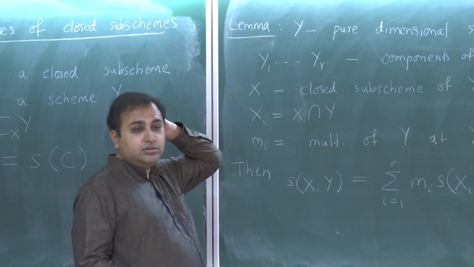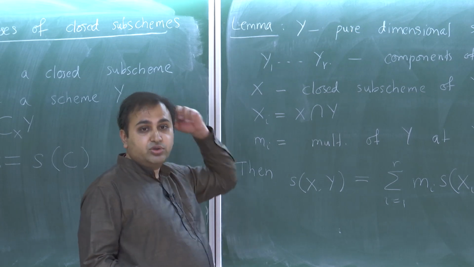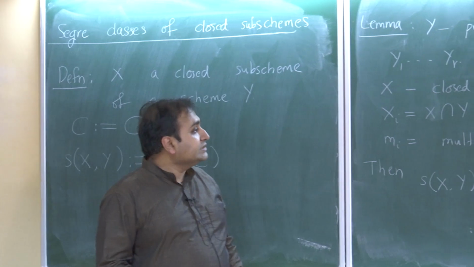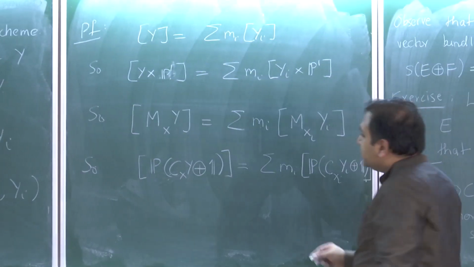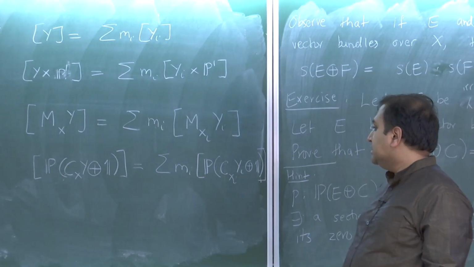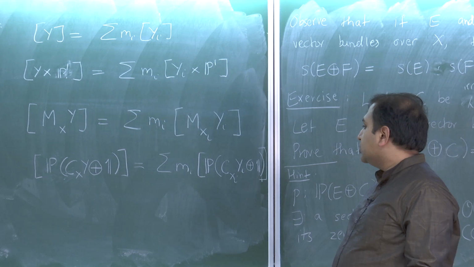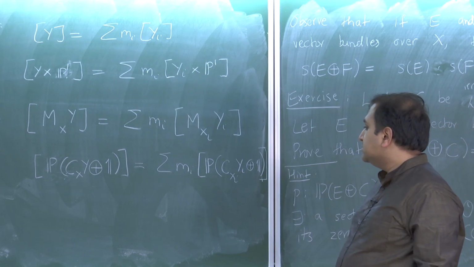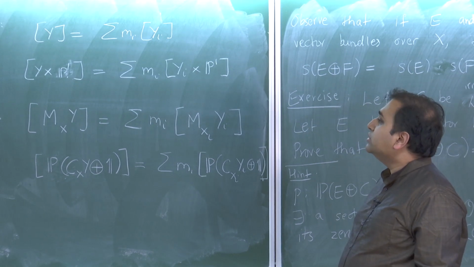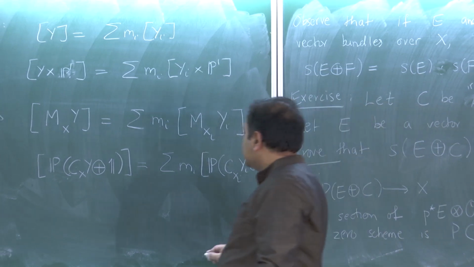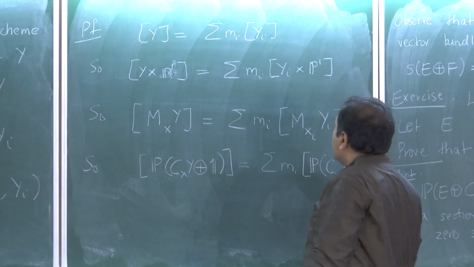I need this to be pure dimensional for this to work. This is something you have to verify. It's a small commutative algebra argument, so you can look it up in the appendix. This is the idea here.